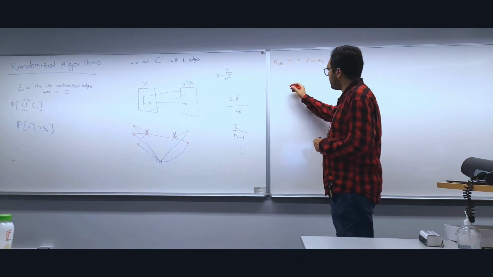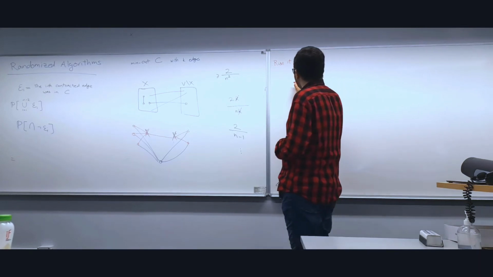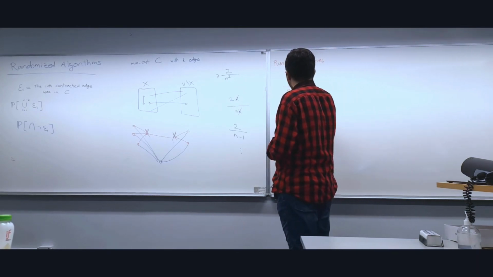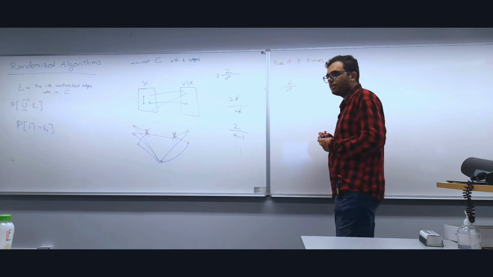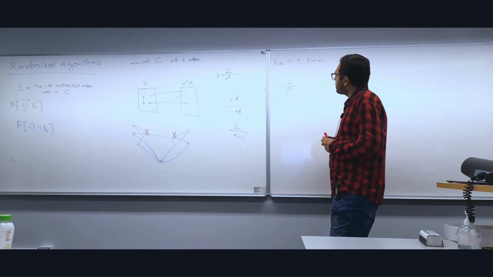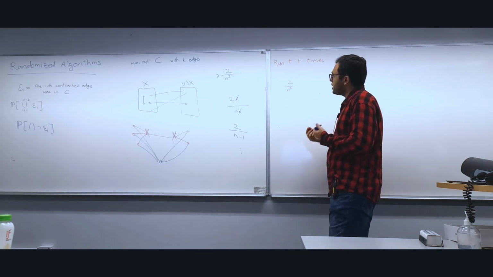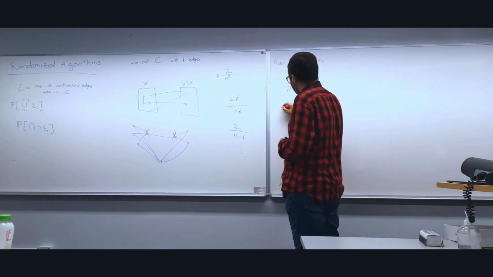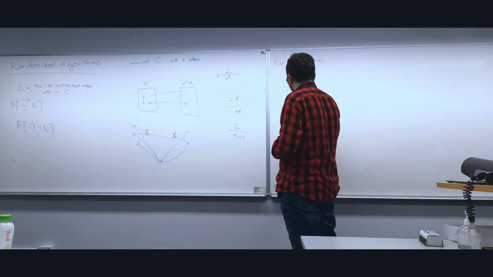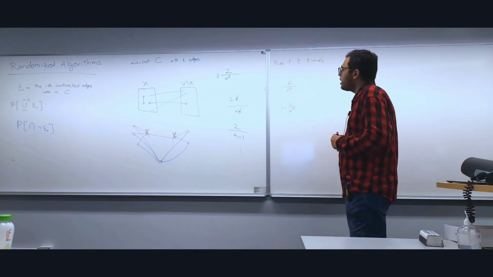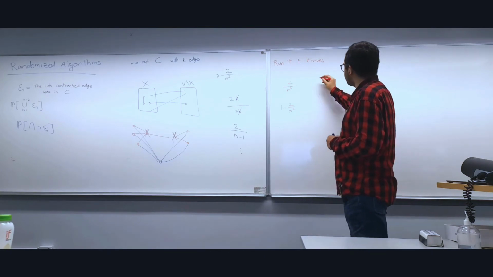So in the first run, I get the right answer with probability 2 over n squared. So what is the probability that I don't get the right answer in the first run? It's 1 minus 2 over n squared. In the second run, again, the same thing happens.